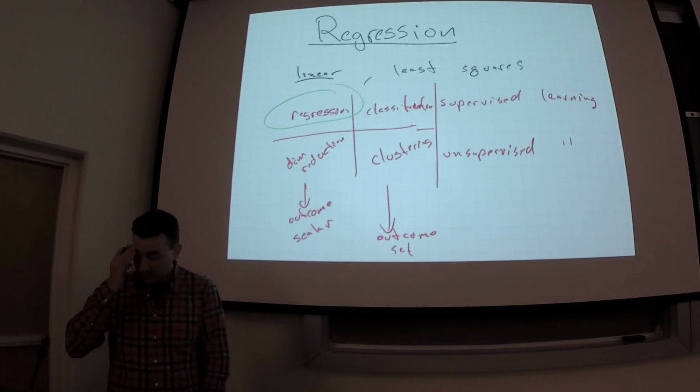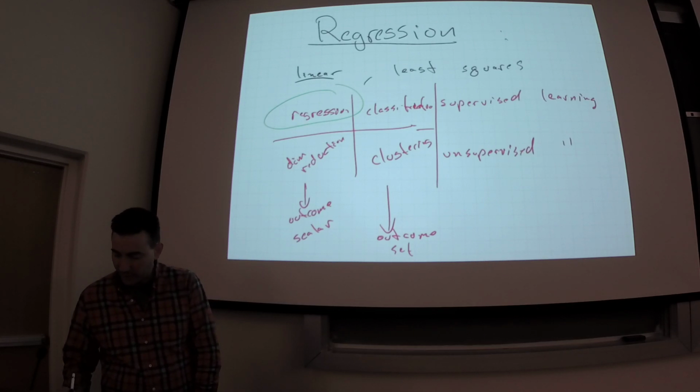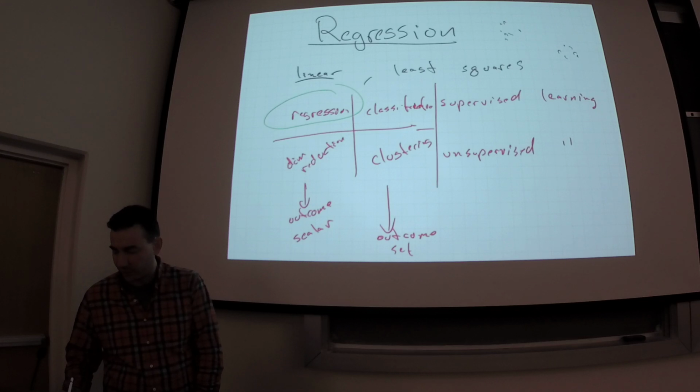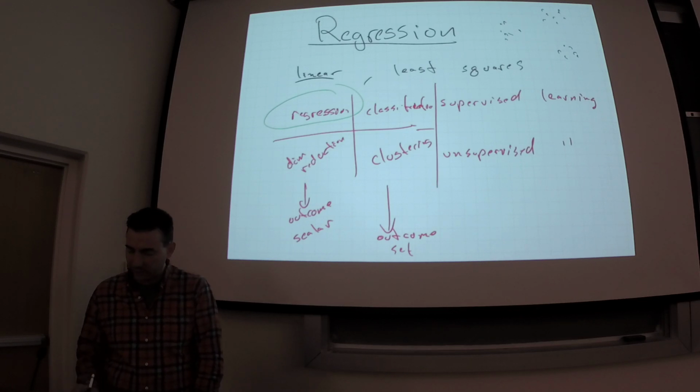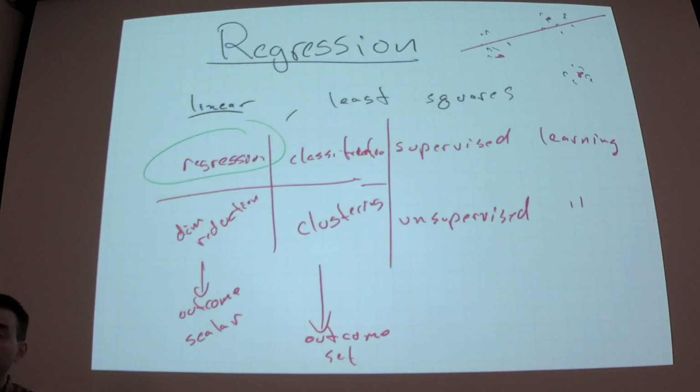Another broad way of thinking about regression is that you're given some data, and again, I like to think of data as points, and you're somehow trying to fit some sort of model. The model can either be a line or a set of points, like in clustering.